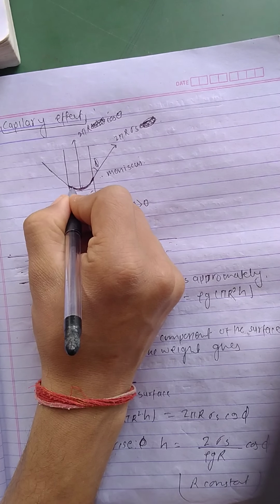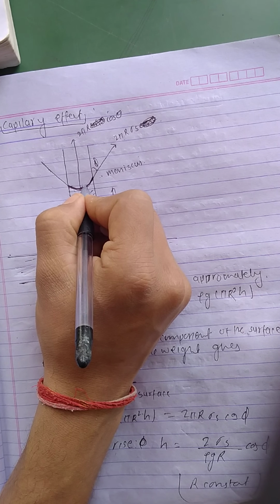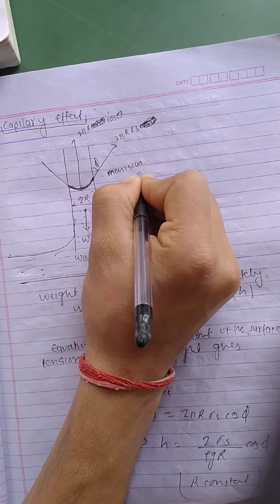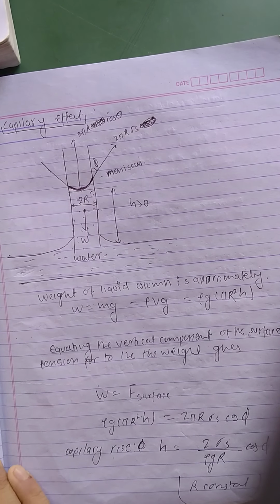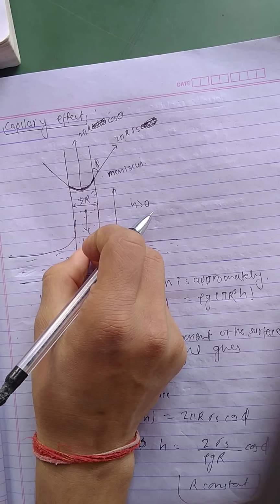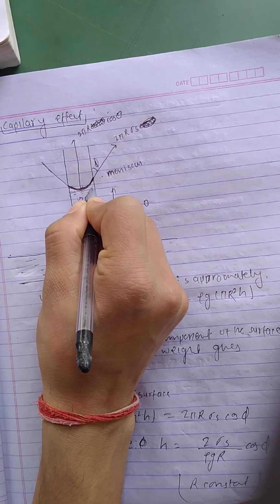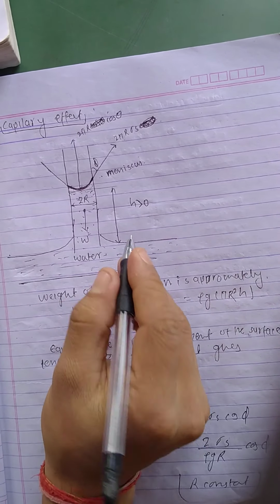The curved free surface of a liquid in a capillary tube is called the meniscus. Now let's assume there is water and we place a capillary tube in it, and the water rises to a certain height h, which is greater than 0.